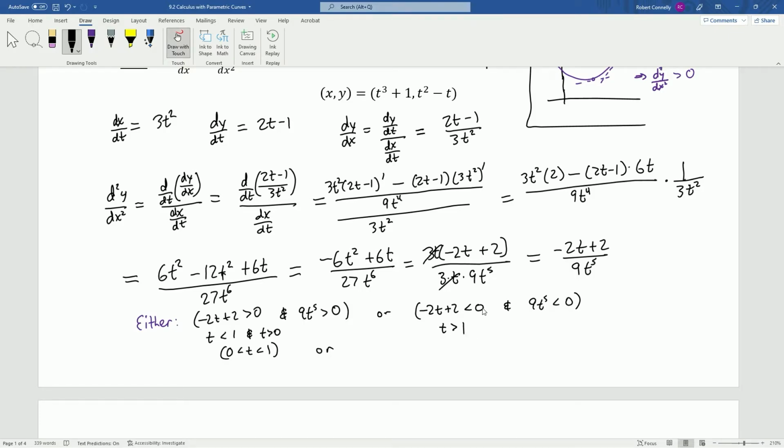We subtract negative 2, divide by negative 2, the inequality flips, so t is greater than 1, and t is negative. But this is not possible. t can't be greater than 1 and negative at the same time. So this condition can't be met. So the only condition that matters here: t has to be between 0 and 1 for the graph to be concave upwards.